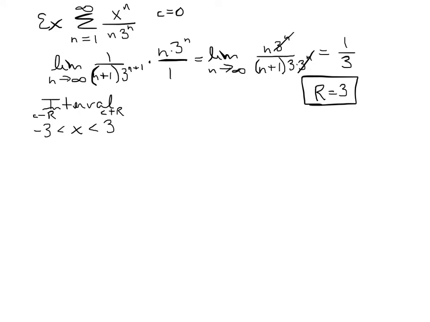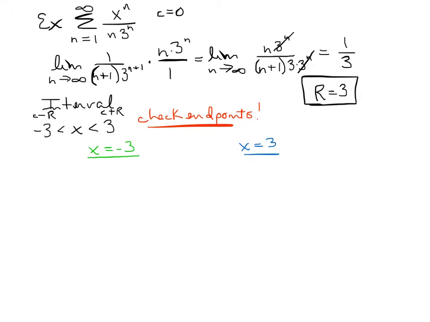And now here is this really important part. I have to check the endpoints. So checking the endpoints, I need to check what happens when x equals negative 3, and then I need to check and see what happens when x is equal to positive 3.